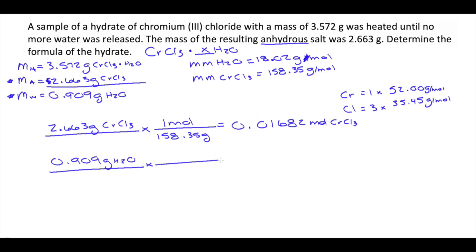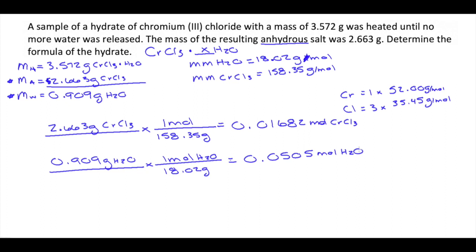Again, I'm going to use my molar mass as a conversion factor, so 18.02 grams over 1 mole of H2O. And I'm going to end up with 0.0505 moles of H2O.